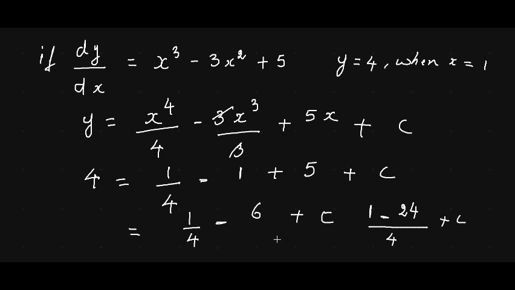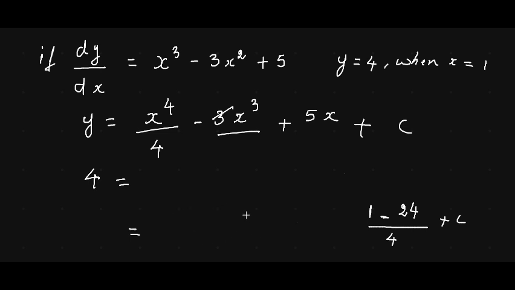So I'm going to rub some of these steps off just to create some space. So based on our last step, 1 minus 24 is minus 23.